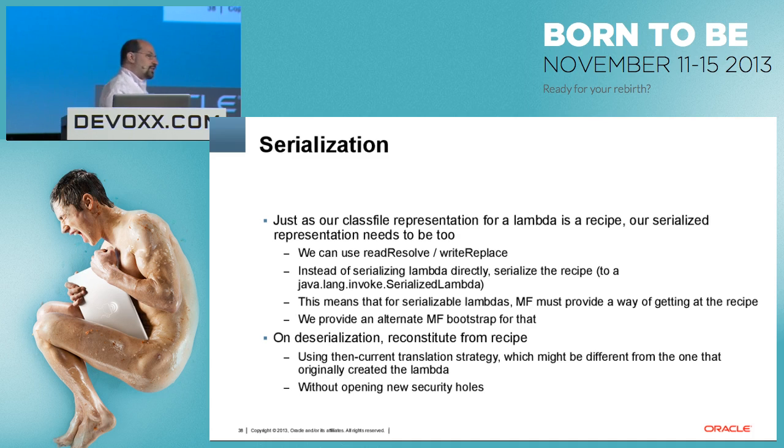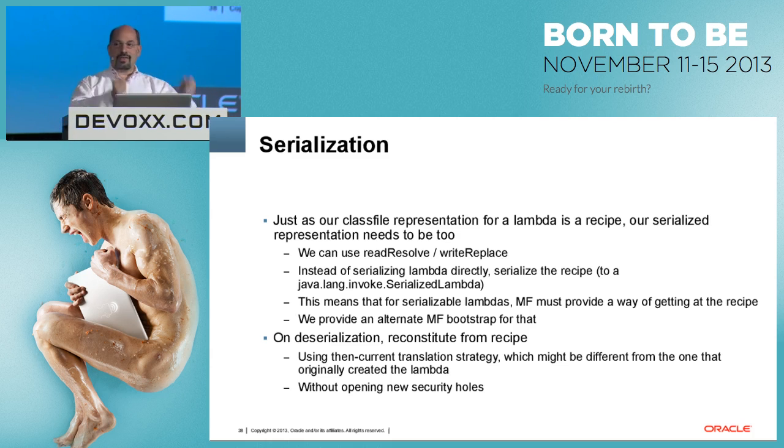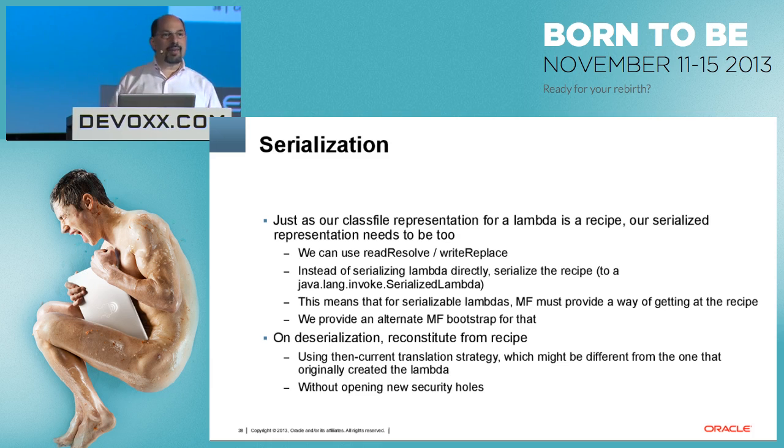So just as we did the trick of the binary representation of Lambda in a class file as a recipe for the Lambda, that's what the serialized form has to be also. The serialized form has to be, I found a Lambda, its target type is X, the method that it describes is Y, its captured arguments are these serialized things, and fortunately, serialization gives us an easy mechanism for that, which is readResolve and writeReplace.